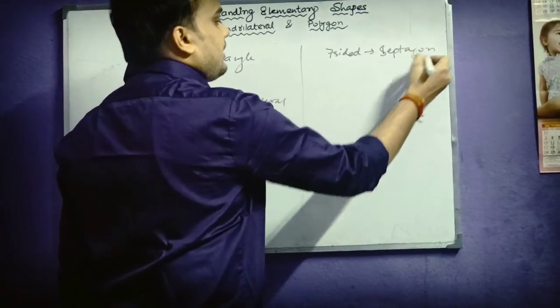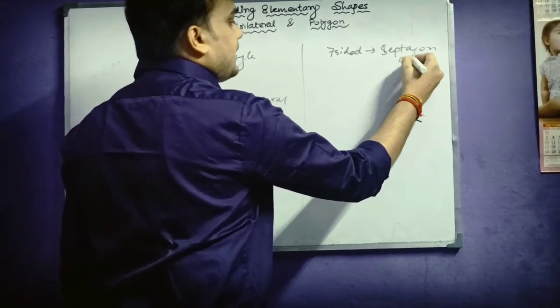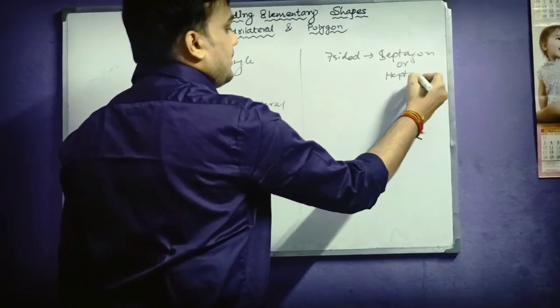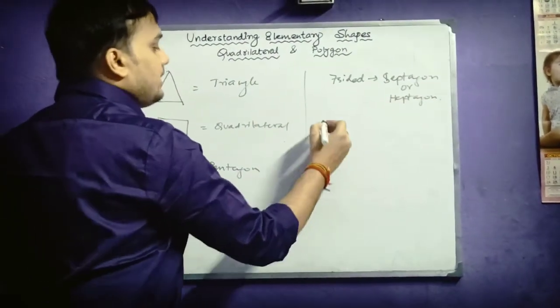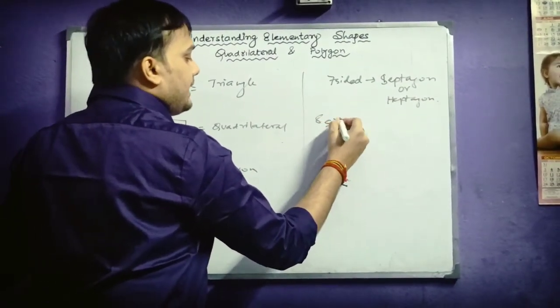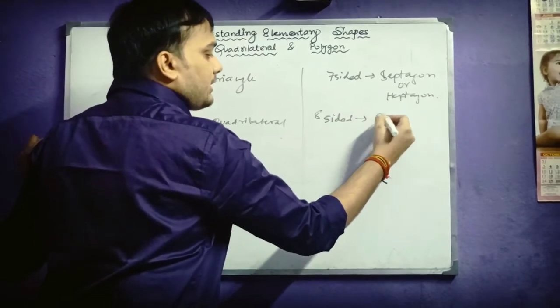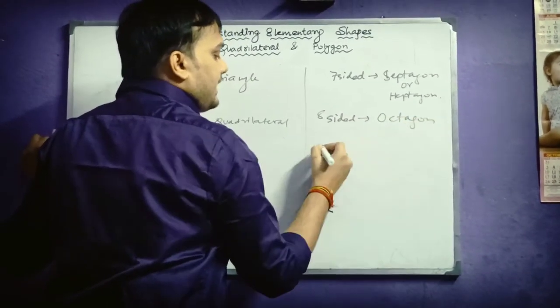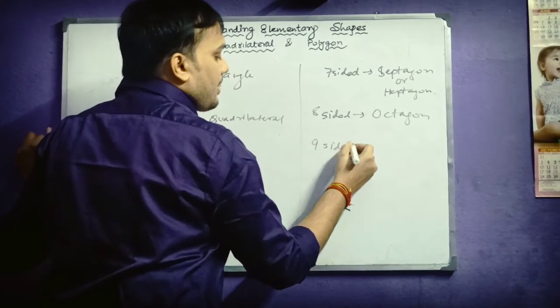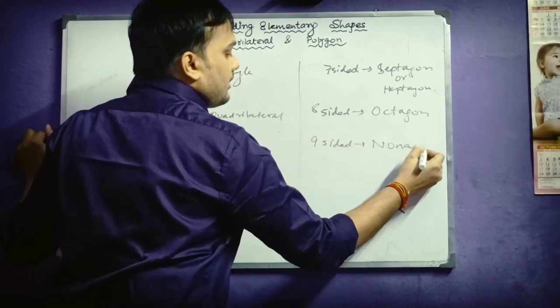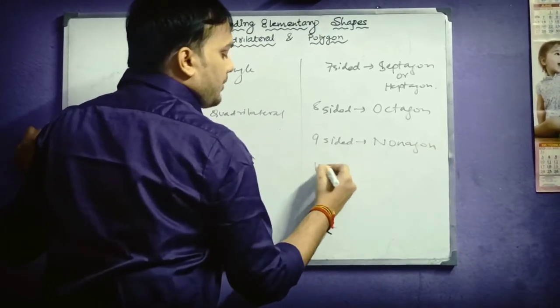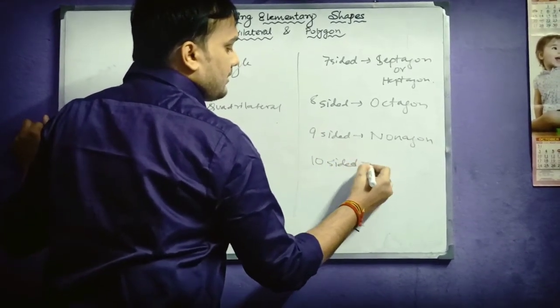In many books it is written like septagon, heptagon. Next is an 8-sided polygon, which is an octagon. A 9-sided polygon is a nonagon. A 10-sided polygon is a decagon.